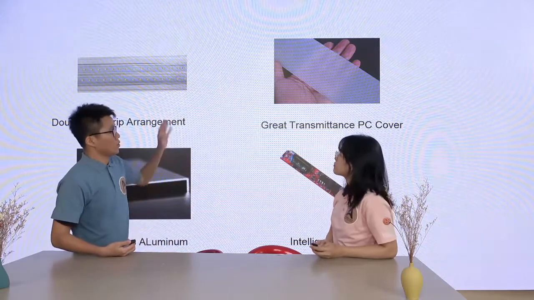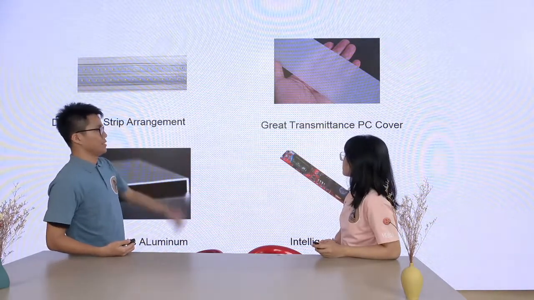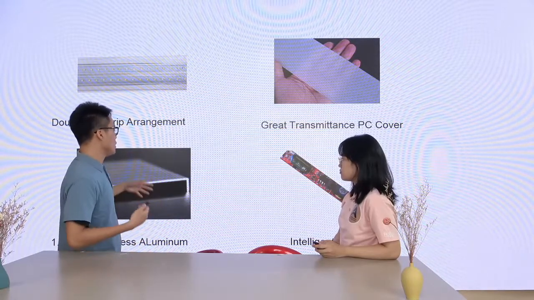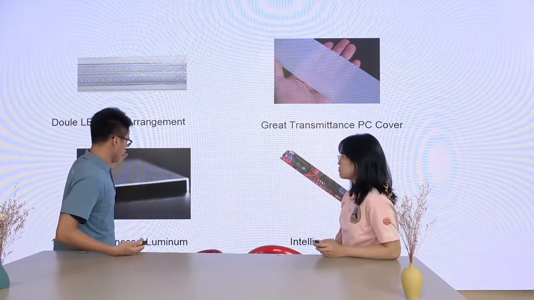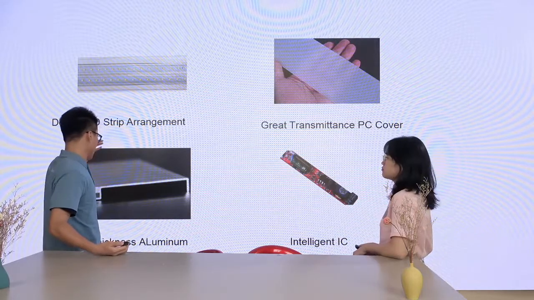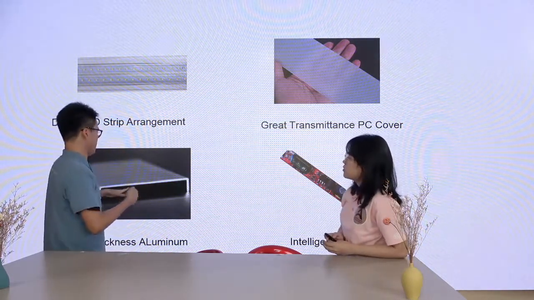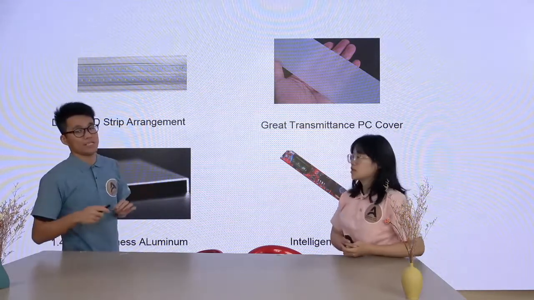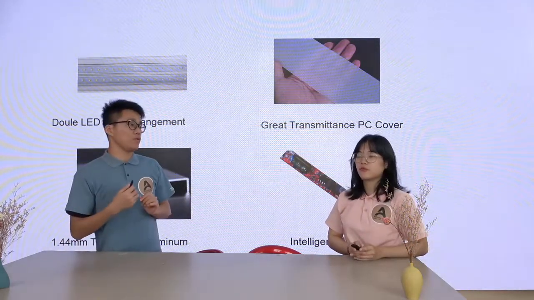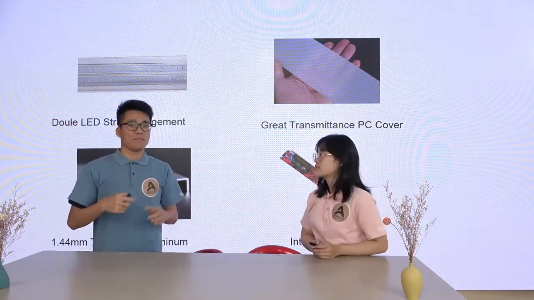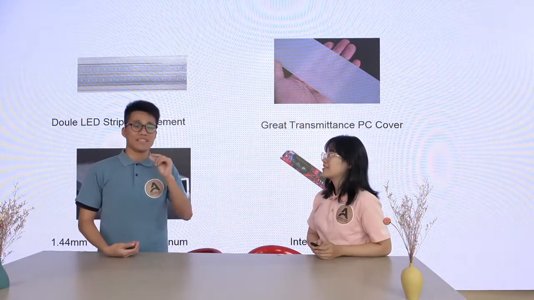Also, except for these selling points, the material we use for this series is high quality aluminum. The thickness of this aluminum reaches 1.4 millimeters. Maybe the number seems small, but the thickness is enough.